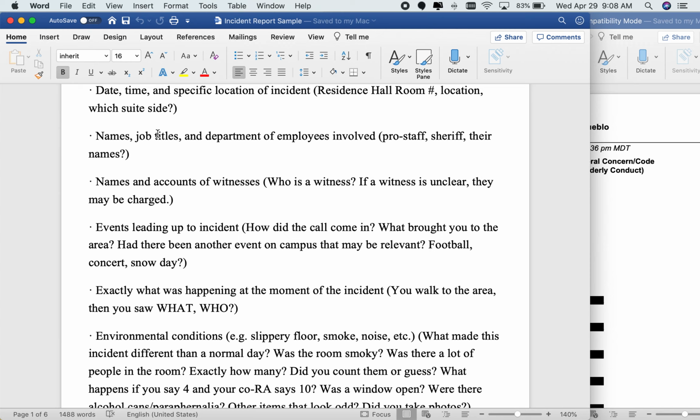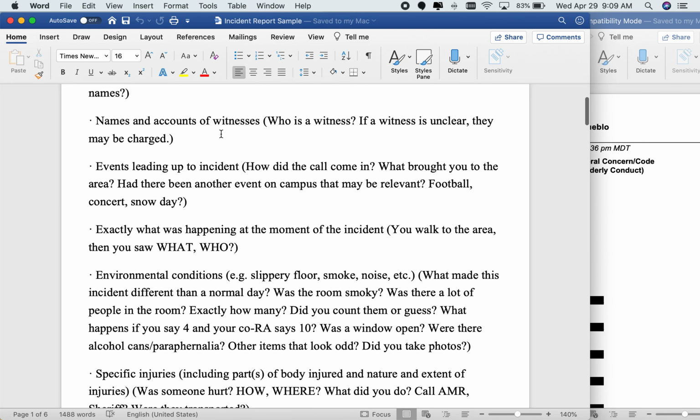If you just say John Doe was at the desk, I may ask, who is John Doe and why was he at the desk? So be sure to put your own title and the titles of other people. If, for example, pro staff shows up, you'll want to identify pro staff Amanda showed up at whatever time Amanda showed up. Be sure to tell me who these people are so that I know who we're talking about.